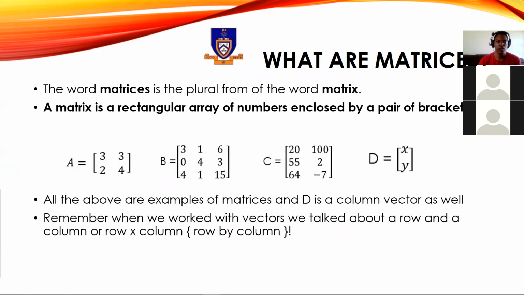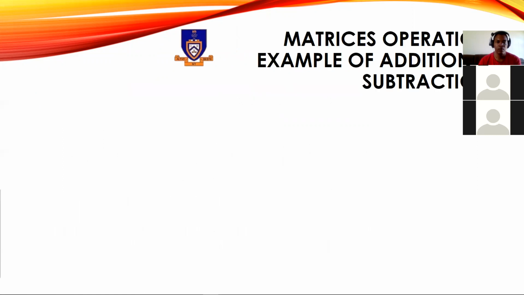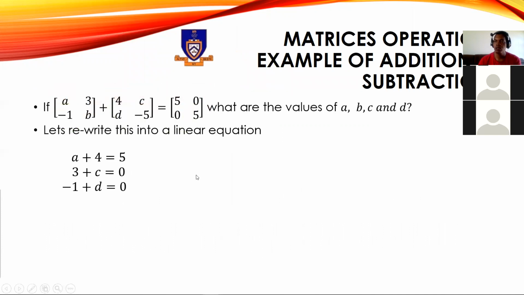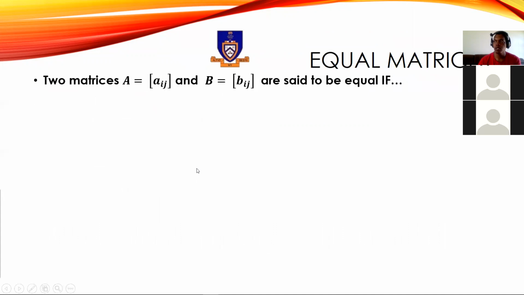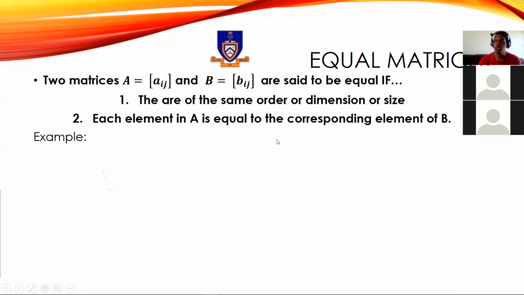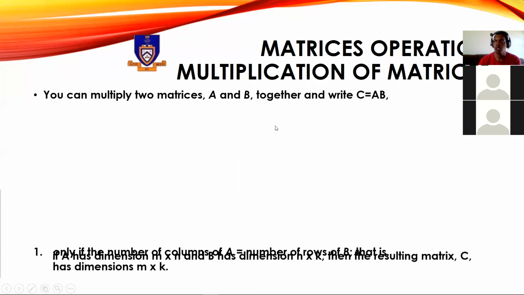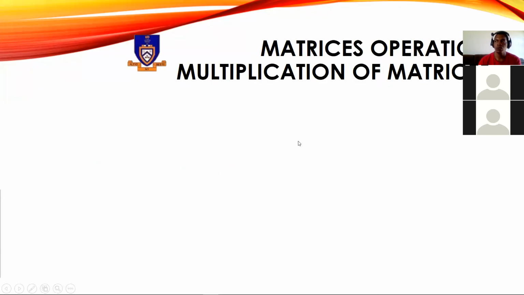Let's see if I can go to the slides directly. So we looked at matrix addition, and we also looked at equal matrices. Okay, and today we are going to look at matrix multiplication.